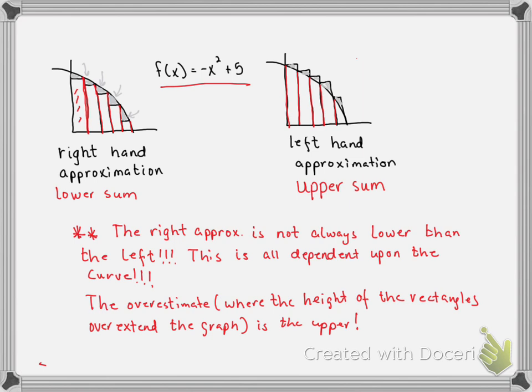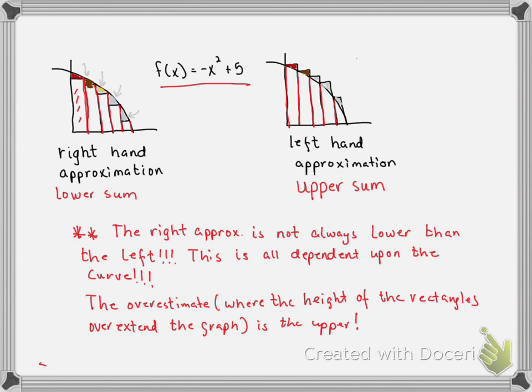Now, the interesting thing here, and I am going to color coordinate, is that what we are lacking over here, which I just colored in red, in the right-hand approximation is exactly what we are over on the other side. Likewise, what we are under on the left side, the right-hand approximation, is exactly what we are over in the left-hand approximation.